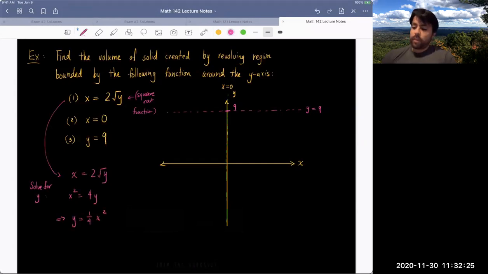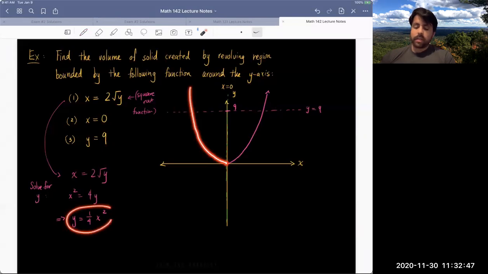So I guess you are more comfortable with this, and I understand. So this is a parabola, correct? That looks something like this. Now, I would include the other half as well if I were to graph this.